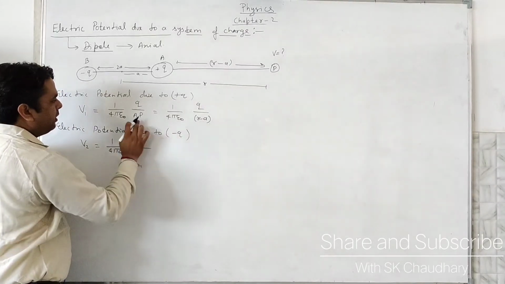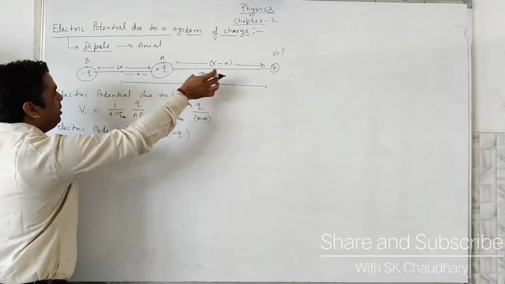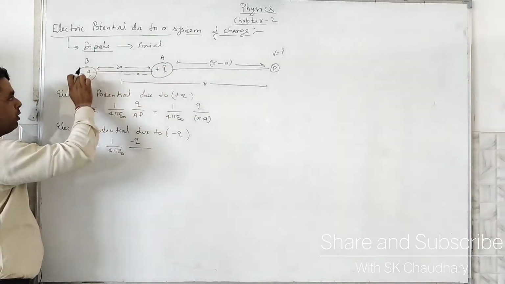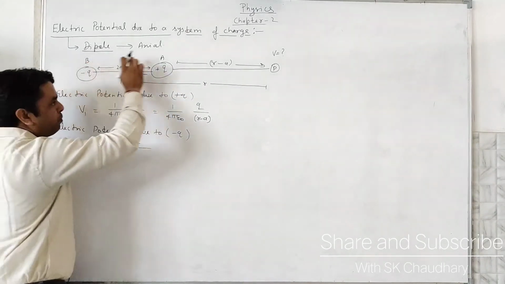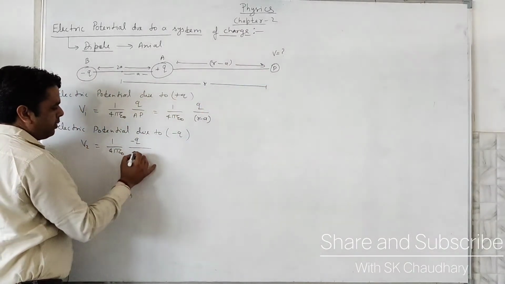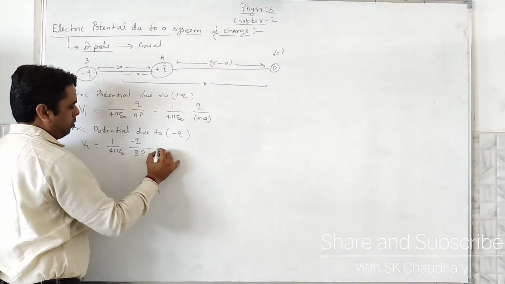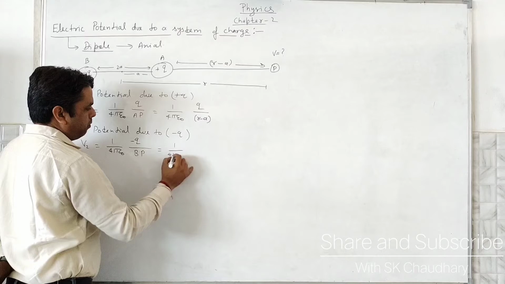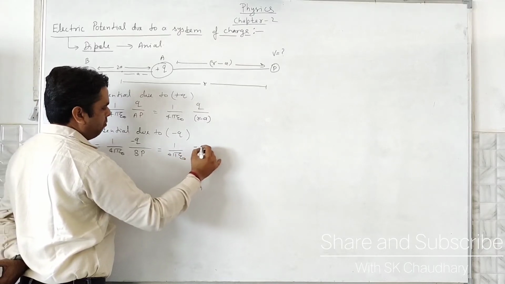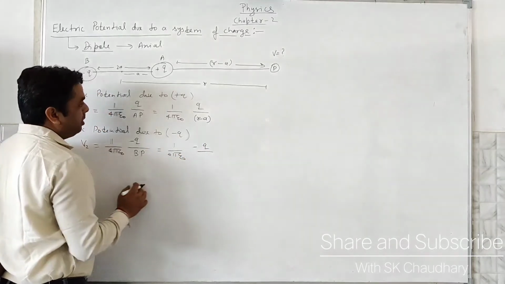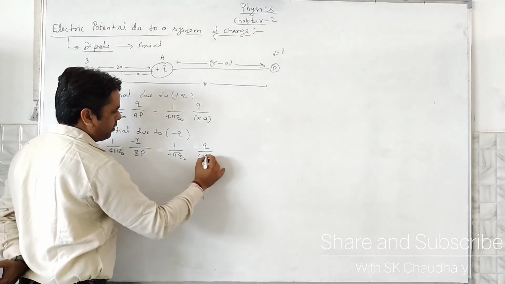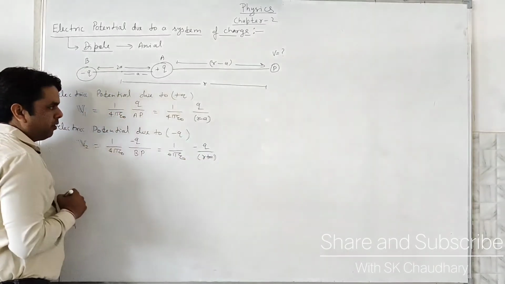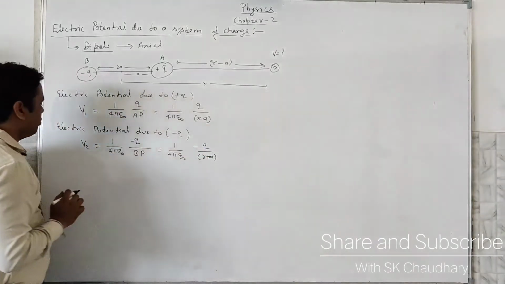Now for the distance, here we took AP, and here we are calculating for the negative one, so the distance will be B to P. So V2 is 1 upon 4 pi epsilon naught, minus Q, the BP will be R plus A. So these are our potentials V1 and V2.